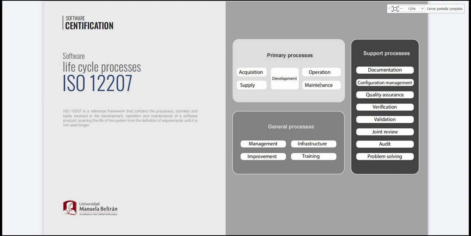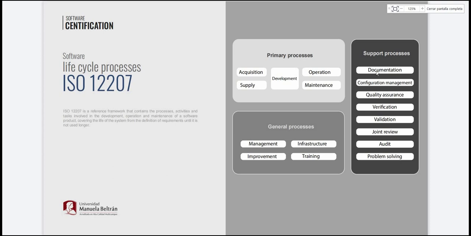Maintenance: these are activities that include modification of the product, both of the code and documentation, due to errors or the need for improvement or adaptation, which are migration to a new operating environment, and product retirement.